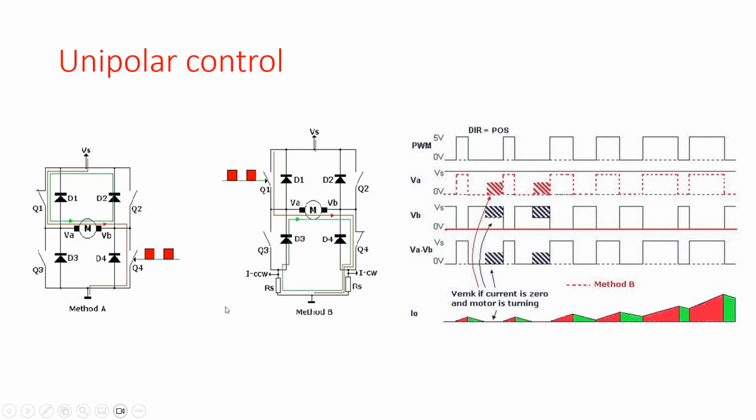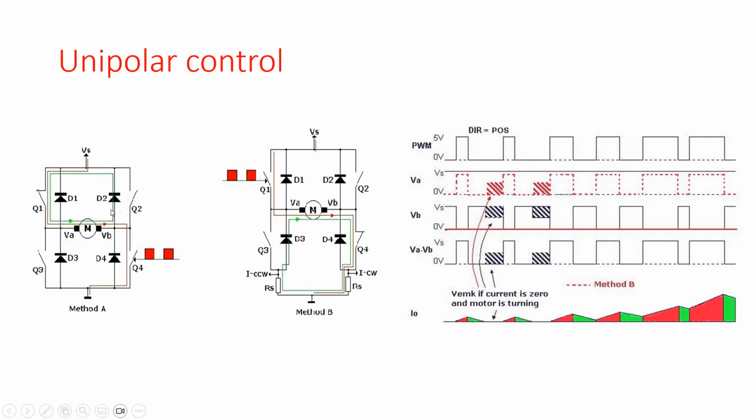Now let's have a look at what happens when we open Q4. Then the current wants to flow through the motor in the same direction. We see that all of the time VA was positive, which was this line, but now, due to the fact that this is my current path, and in an ideal situation in which we use ideal diodes, so the VAK of the diode is equal to 0, we see that voltage VB is equal to the power supply voltage over here, because the current is flowing over here.